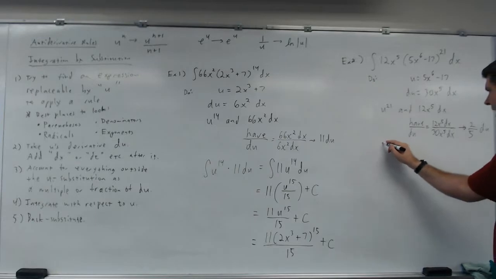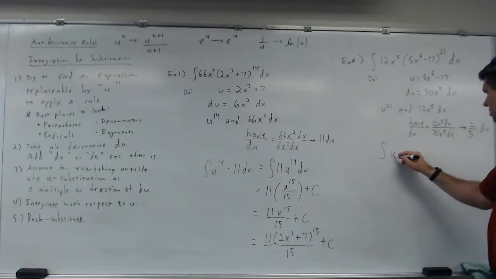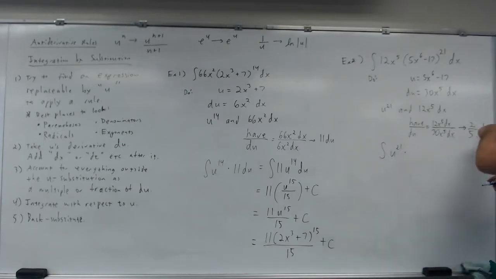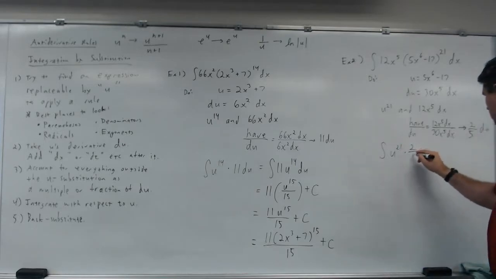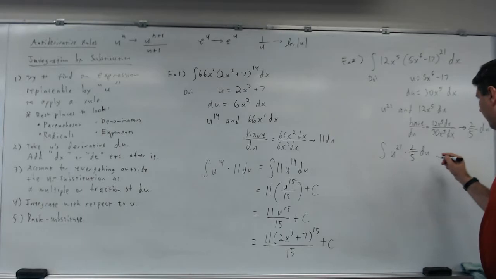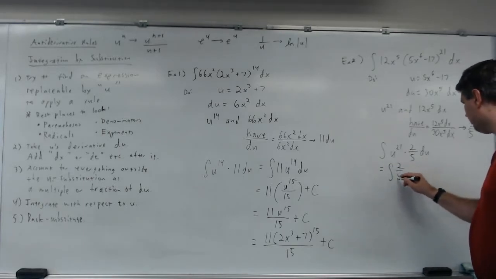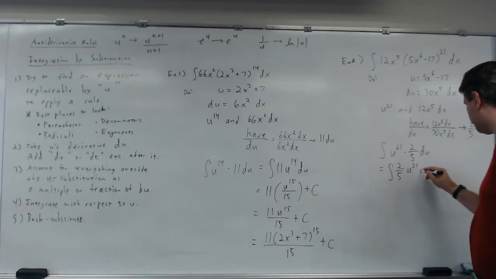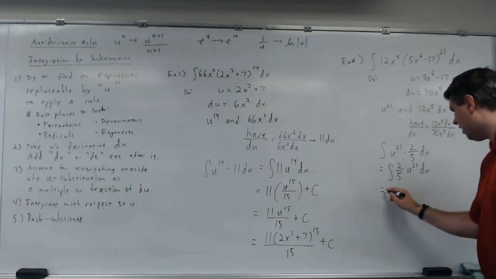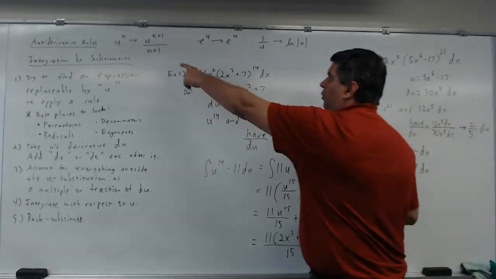So what I now have is the integral of u to the 21st and 2/5 du. Now, I'm going to rewrite this in a more standard order. 2/5 times u to the 21st du. And then I'll follow the reverse power rule here.